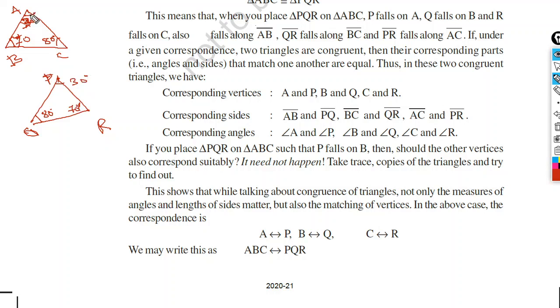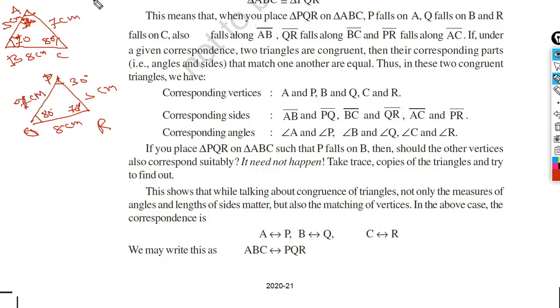Similarly, AB equal to, suppose, 5 cm, here PR equal to 5 cm, and BC equal to, suppose, 8 cm, here QR equal to 8 cm, AC equal to 7 cm, and here PQ equal to 7 cm.